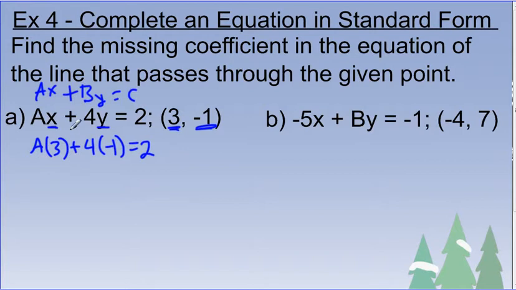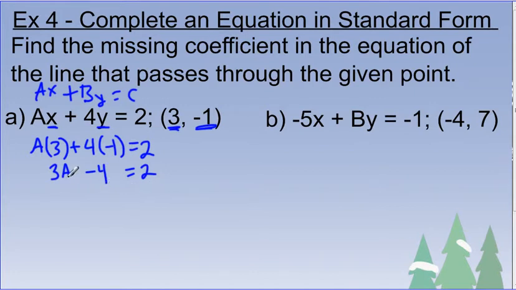Now, the first thing I want to do is, this looks a little ugly. Let's just pretty this up a little bit. So when you have a times 3, we normally write that as just 3a. That still says 3 times a, just like that. 4 times negative 1 is a negative 4 equals 2. This looks a lot prettier.